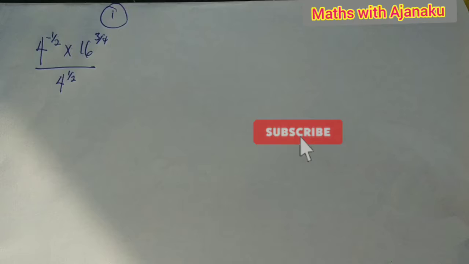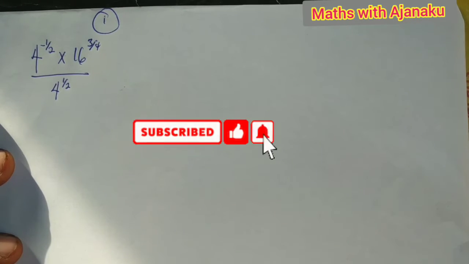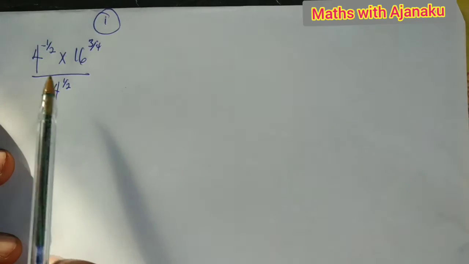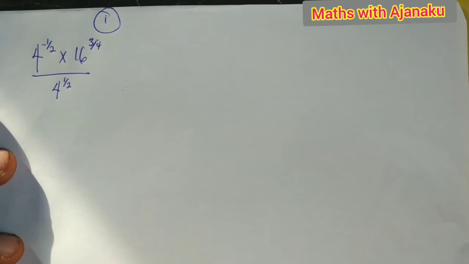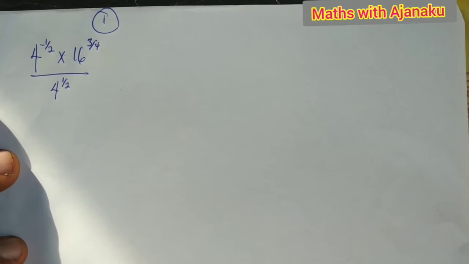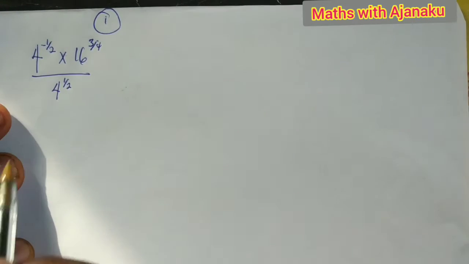Solving the first question we have there, 4 to the power half times 16 to the power 3 over 4, all divided by 4 to the power half. Now, to deal with this, you have to first convert.